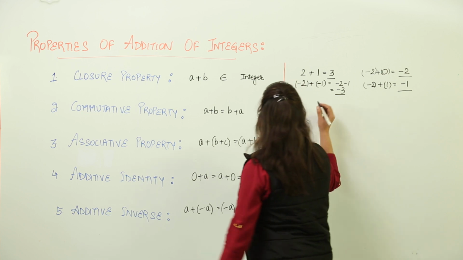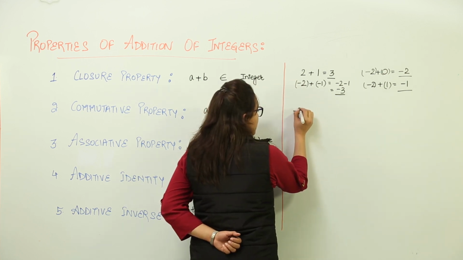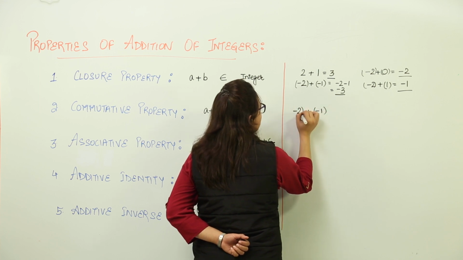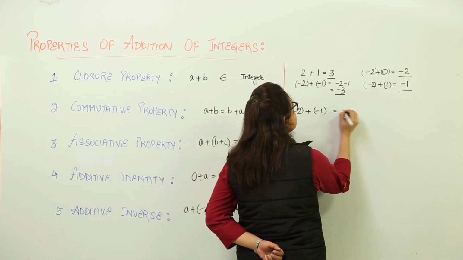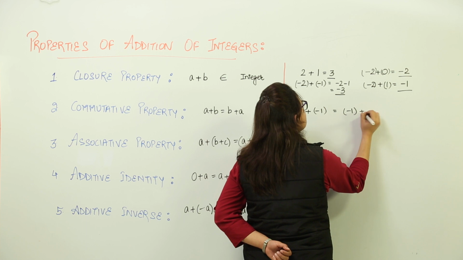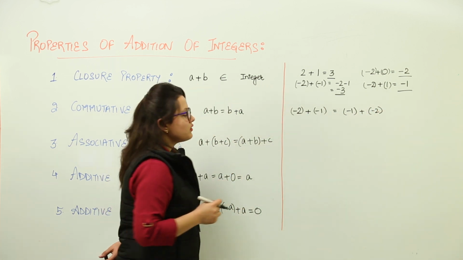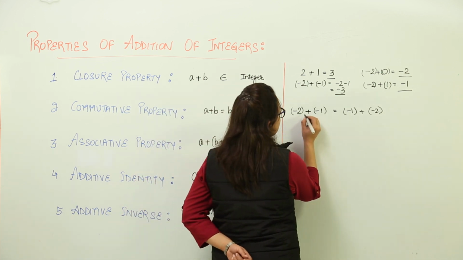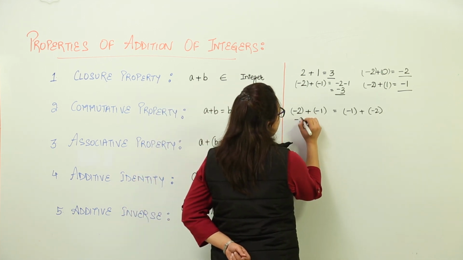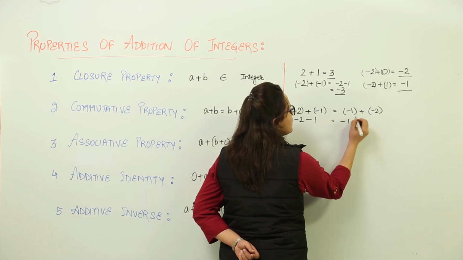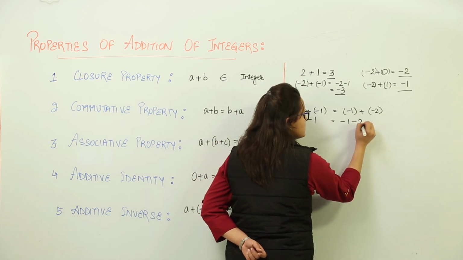Let us discuss that. Let's say I am adding minus 2 plus minus 1, whereas on the other side I want to add minus 1 and minus 2. Now I have reversed the order of addition, right? So let us check the answers now. Over here we would get minus 2 plus into minus becomes minus 1, and here we get minus 1 plus into minus 2.